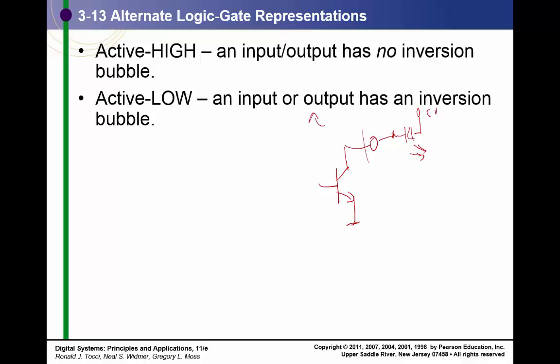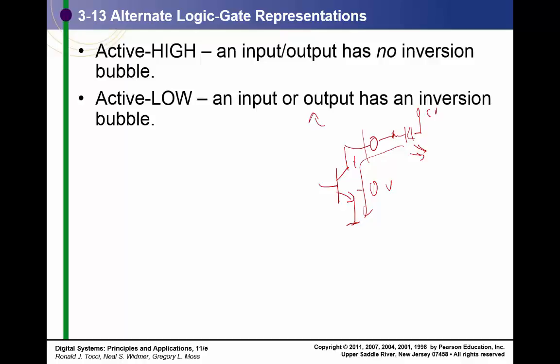If this output is low, 0 volts, then this is going to draw a current through the transistor, but there is no voltage drop across this. This is a closed switch in the TTL world. Our transistors are either turned all the way on or all the way off, so we dissipate no power.